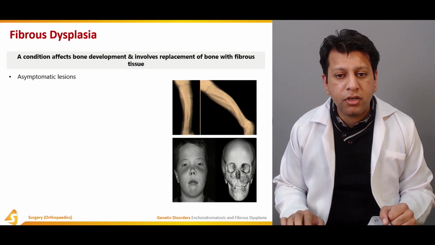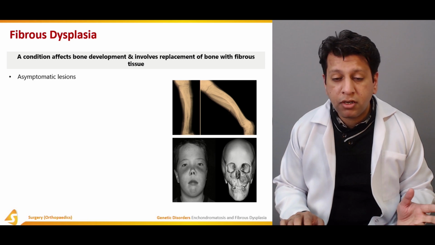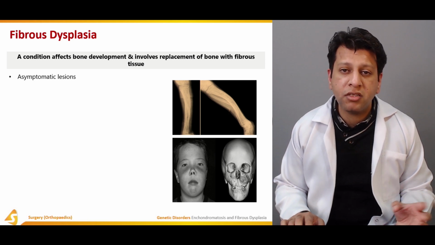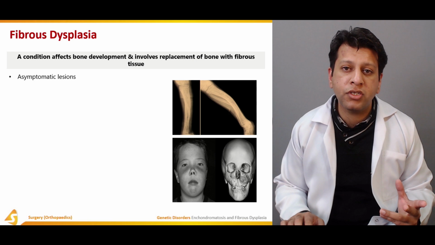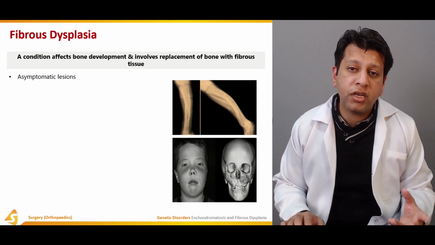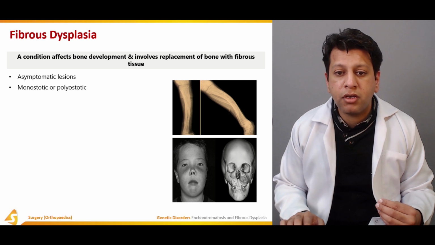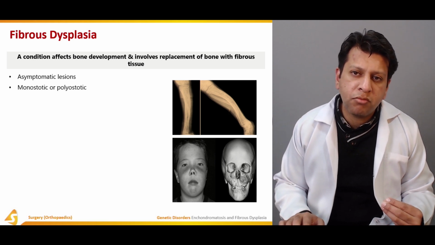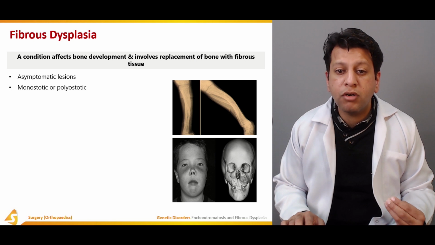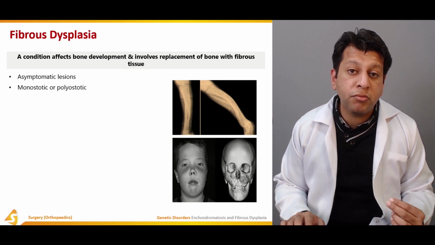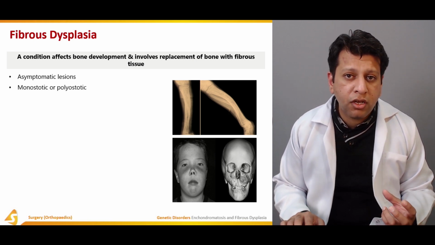It's usually an asymmetric lesion. Lesions are usually asymptomatic. The patient may not know about them, but if he or she gets an X-ray of the leg for any other reason, it is usually seen that it may be a lytic or a blastic lesion, mainly seen in the tibia. It could be monostotic or polyostotic, which means usually a single lesion.